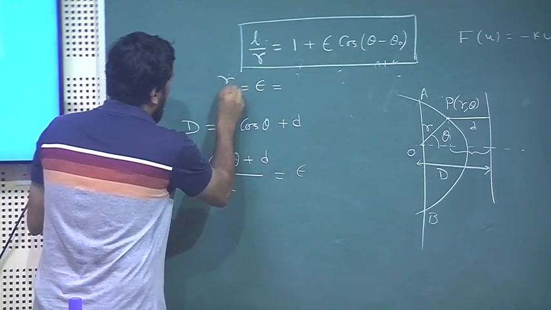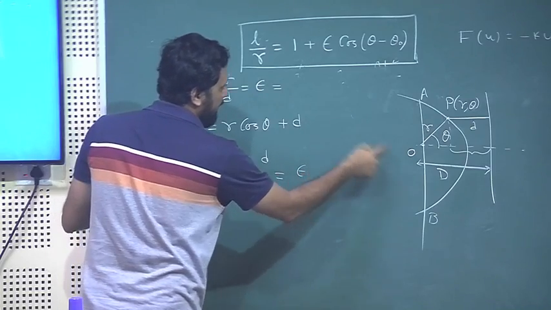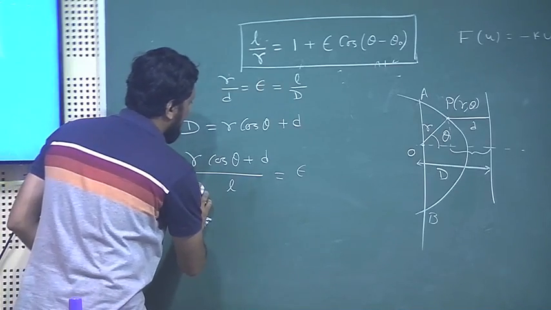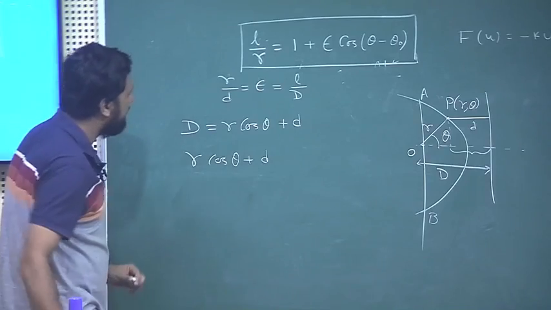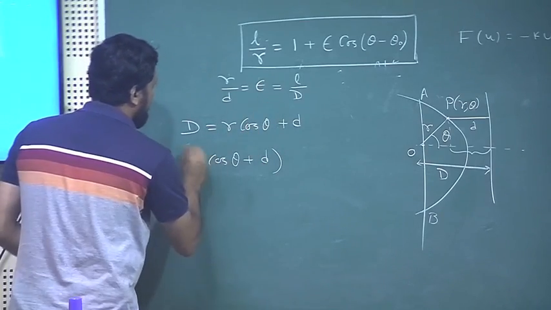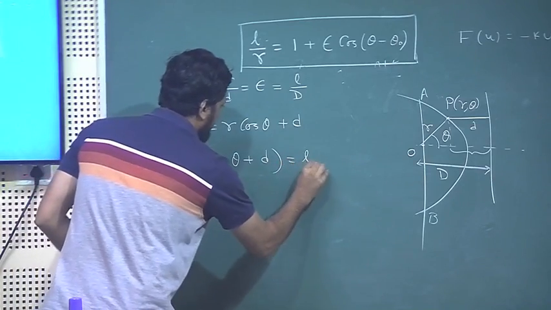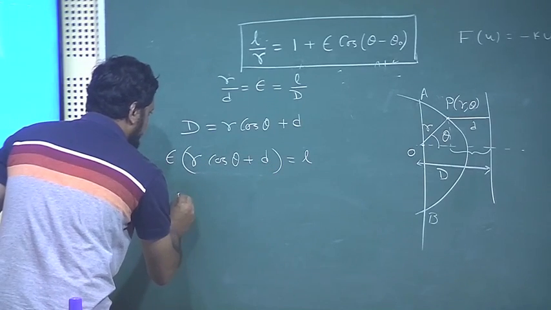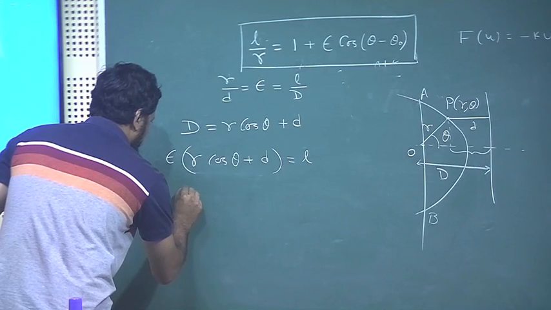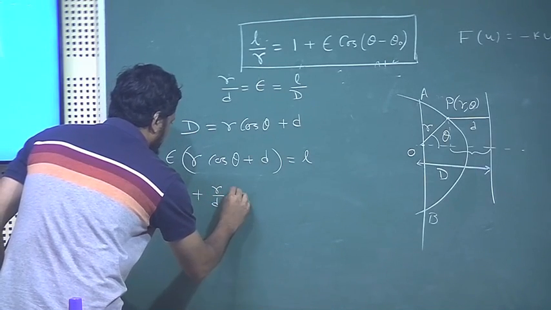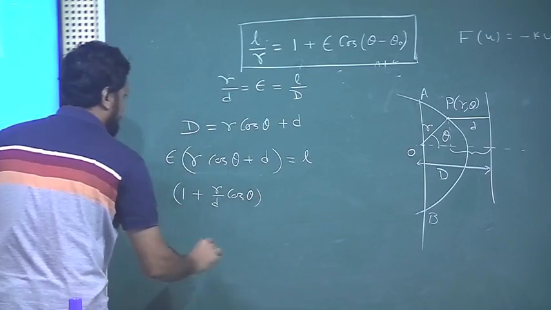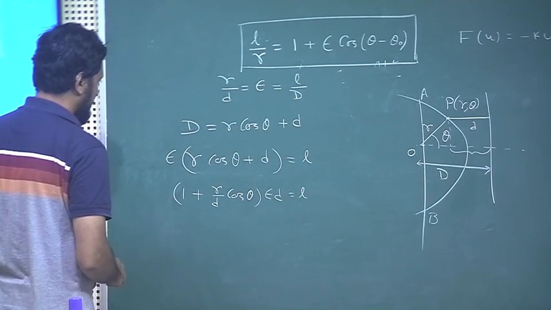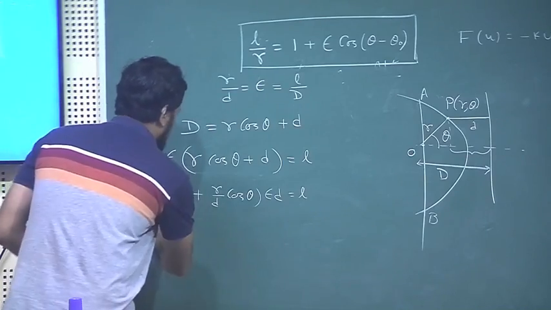So, it will be r by d, which will be once again L by D. So, essentially what we have is epsilon D is equal to L. If we take d out of here, we immediately see 1 plus r by d cos theta times epsilon D is equal to L. Oh, sorry, it is not needed.